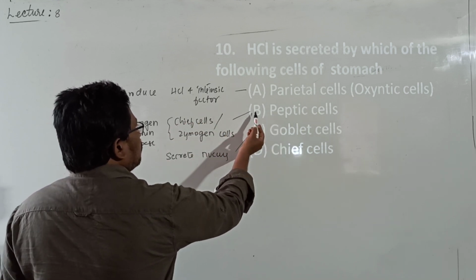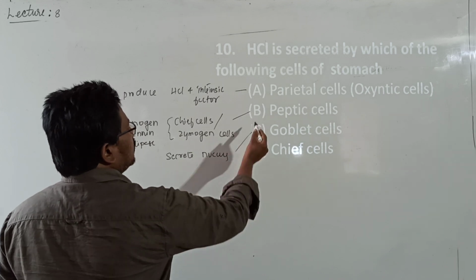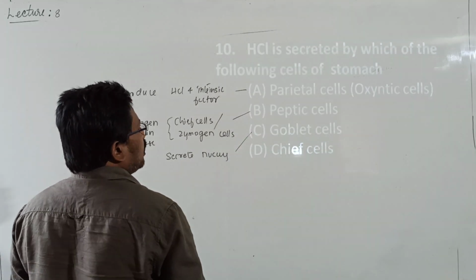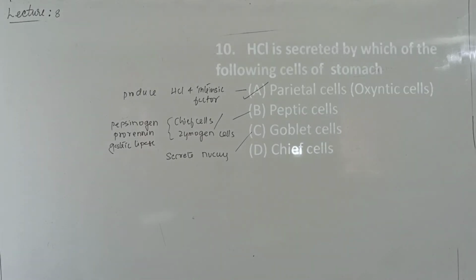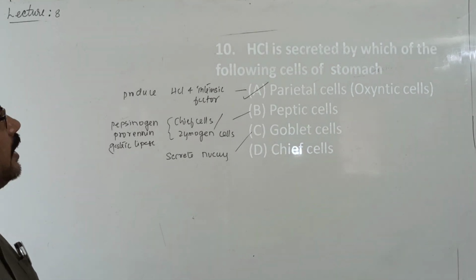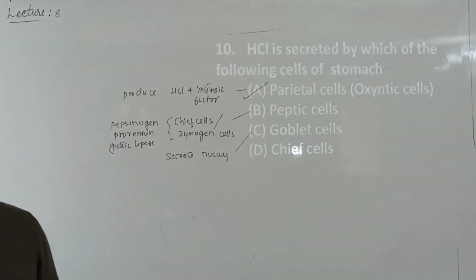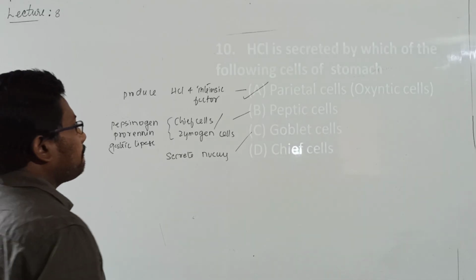So hence all these three, B, C and D, will not be right. The A option: HCl is secreted by which of the following cells of the stomach? It will be the parietal cells or oxyntic cells that secrete HCl. So option A will be the right one.